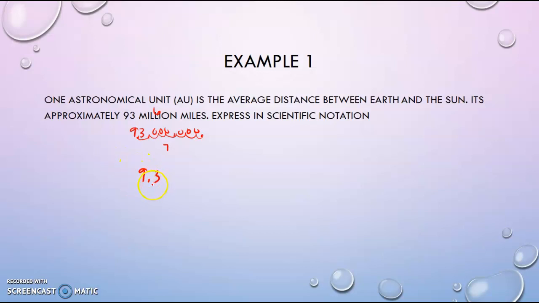Technically, this is still scientific notation because the true definition told us that our number had to be greater than or equal to 1 and less than 10, and 9.3 is less than 10. So I just want to point that out. But here we have 9.3, and we always do times 10. And then we count it again: 1, 2, 3, 4, 5, 6, 7 decimal moves. So that's the number that goes on top. Bada bing, bada boom. And there is my scientific notation.